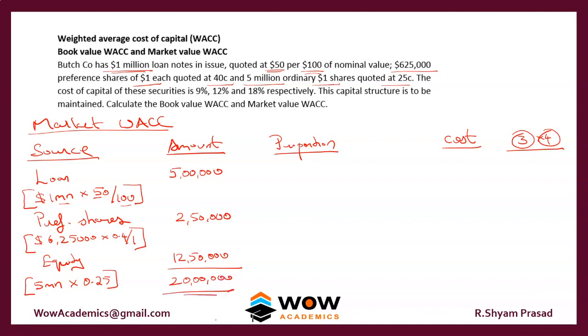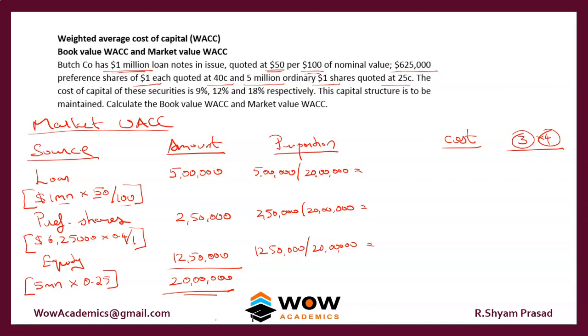So we'll take a proportion like how we did in the earlier one. So we'll take 5 lakh by 20 lakh. Then we'll take 2,50,000 divided by 20 lakh. We have 12,50,000 divided by 20 lakh. So what would be our answer?